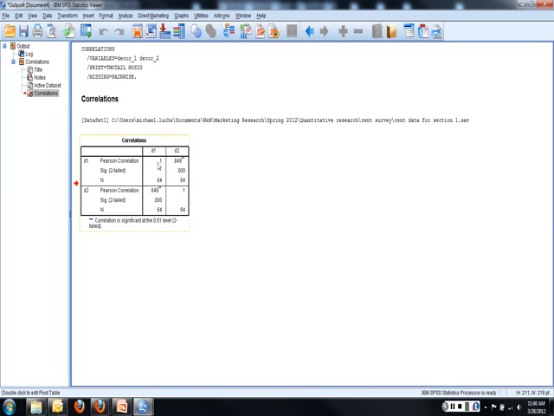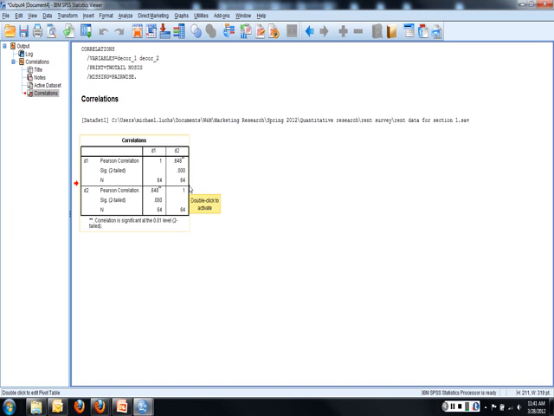So we get a correlation R of 1, and the relationship between D2 and D2, of course, is a 1 as well. And then in these other corners, the upper right and lower left, we see the relationship between D1 and D2 and between D2 and D1. So this is symmetric about this axis right here. So you can either inspect the upper right or lower left. I'm going to focus on the upper right.